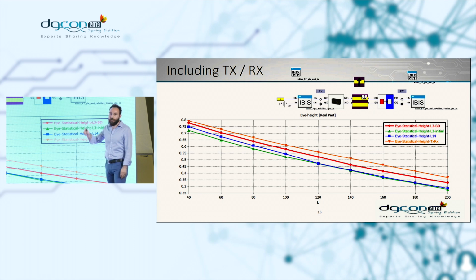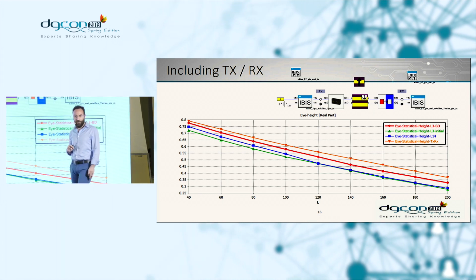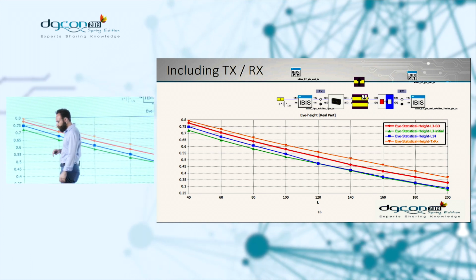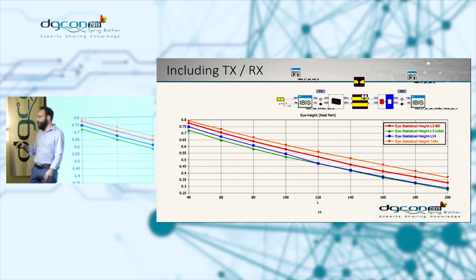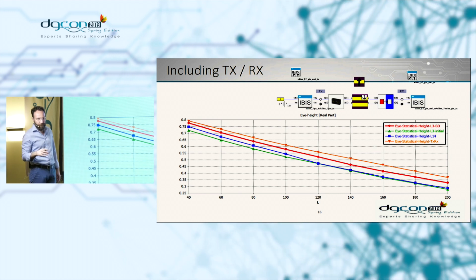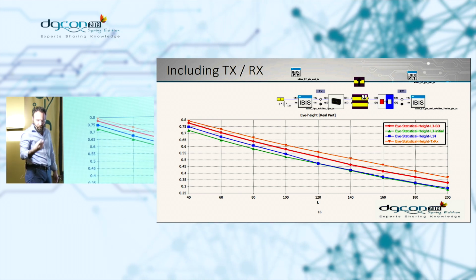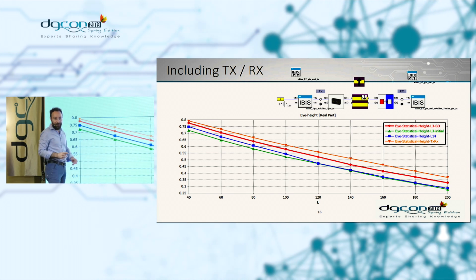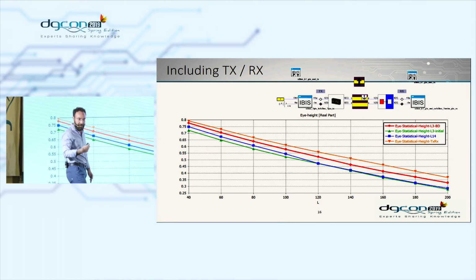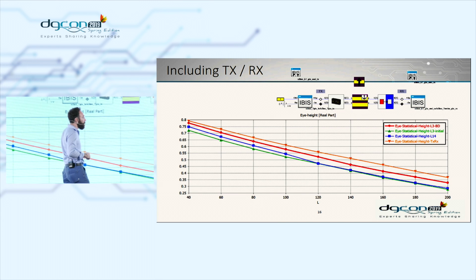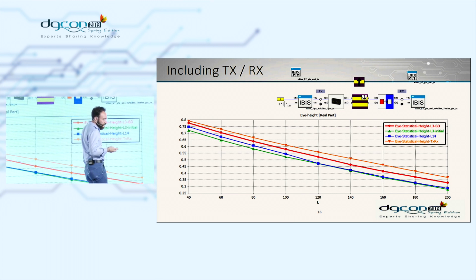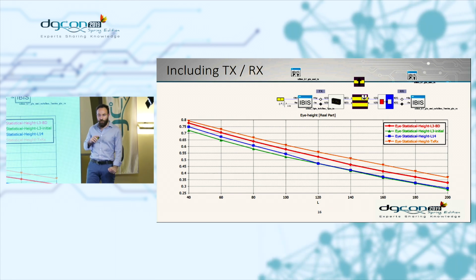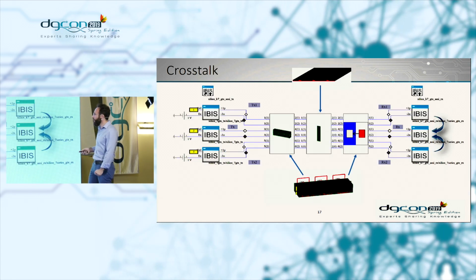If we take care of active models, like IBIS files, SPICE files, IBIS AMI, this has an impact, because inside these models you can find a lot of extra capacitance and parasitic effects. This has an impact in terms of performance, in terms of transition, and also in terms of eye diagram aperture. We should take care of that.